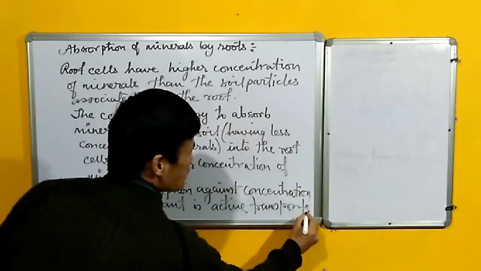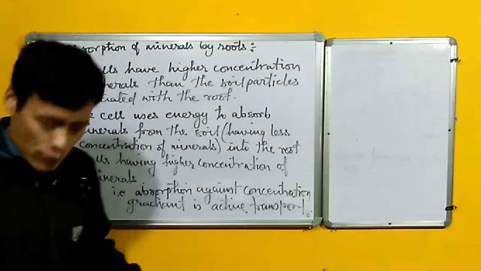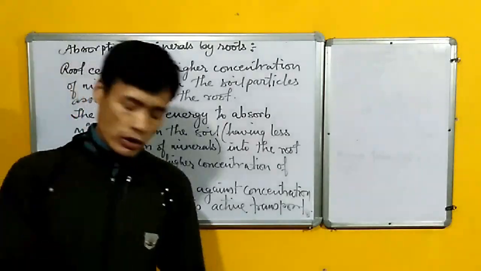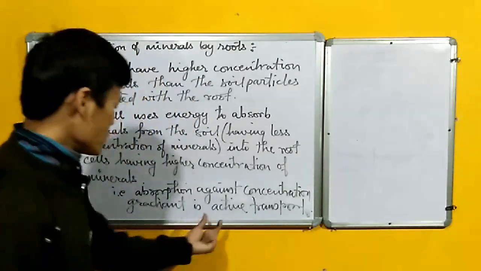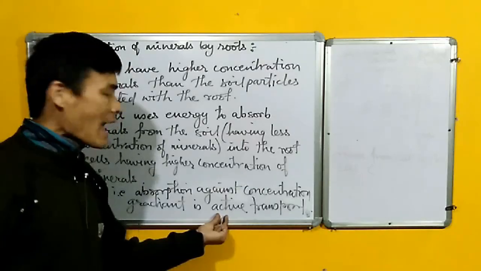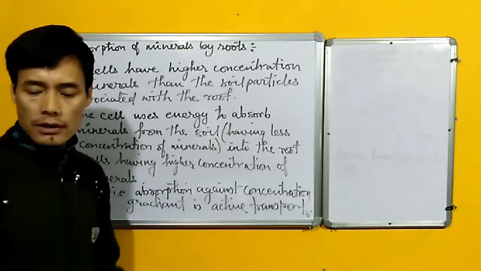So minerals are absorbed by the roots of the plant by means of active transport.